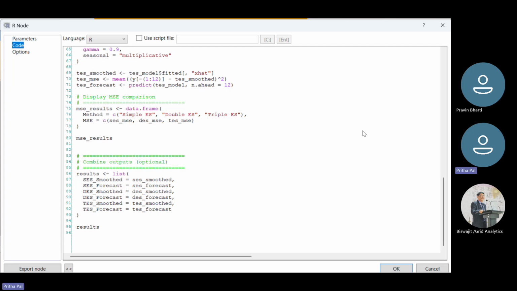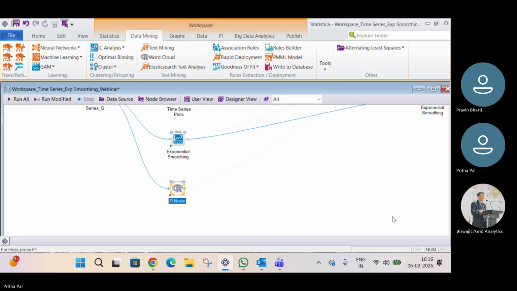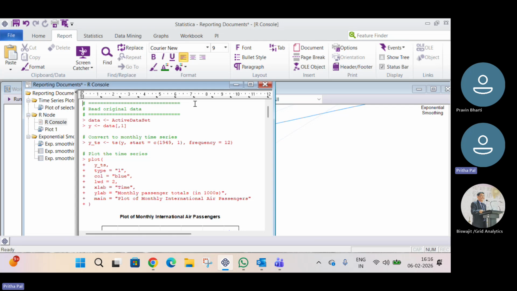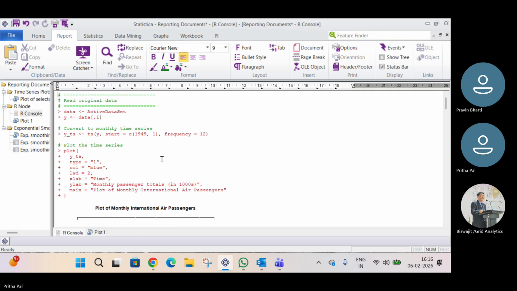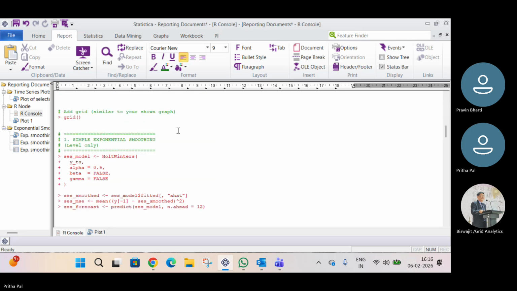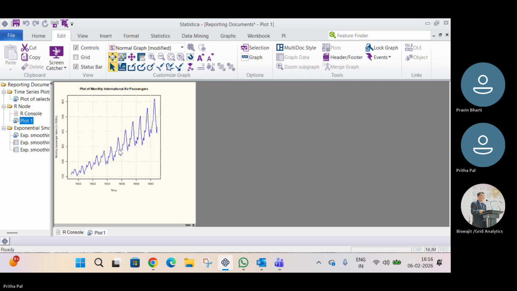So next, if I run the node by clicking the green play button, and by clicking the book-kind-of local output button, we can get to see, again we have observed a similar plot where the trend and the seasonality are visible clearly.